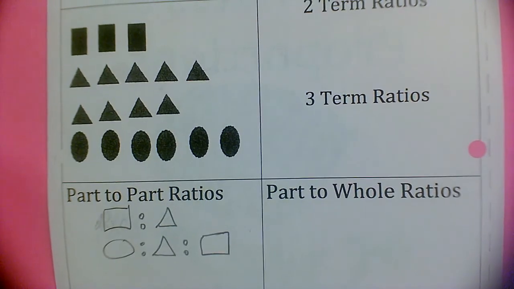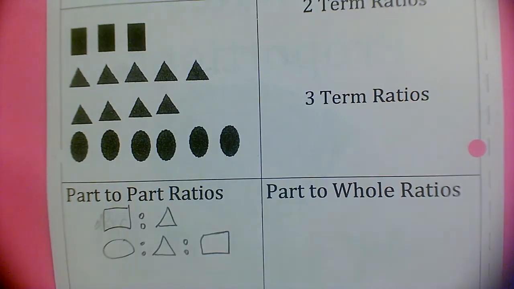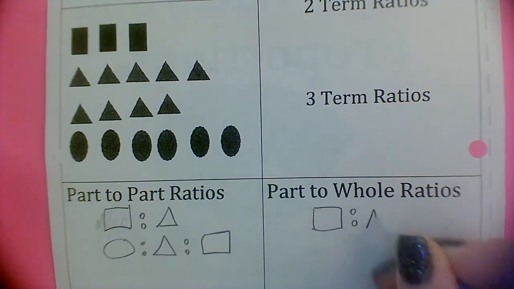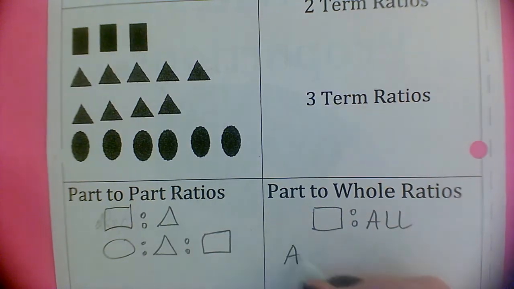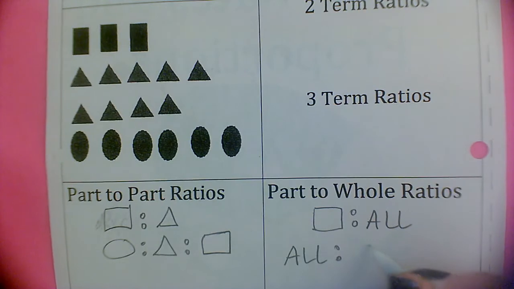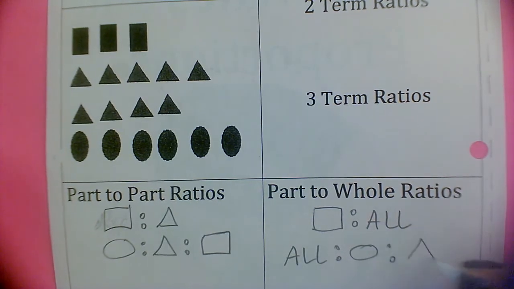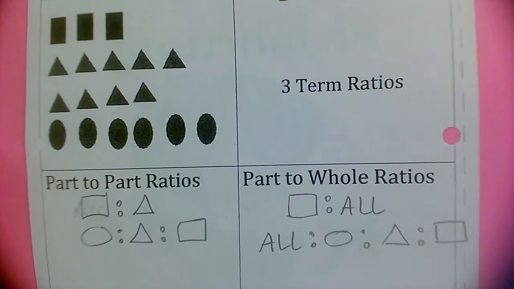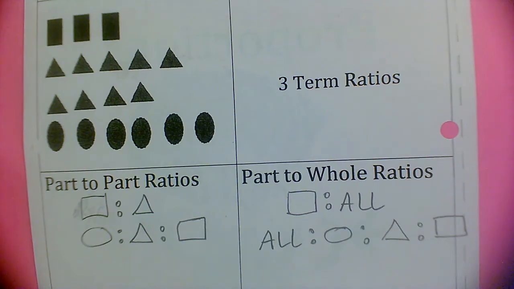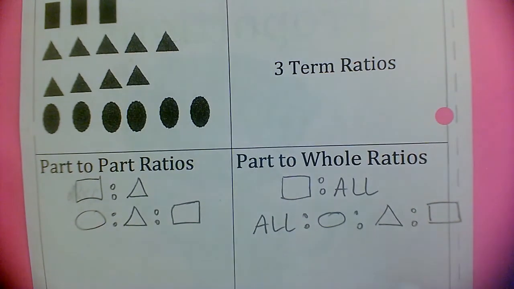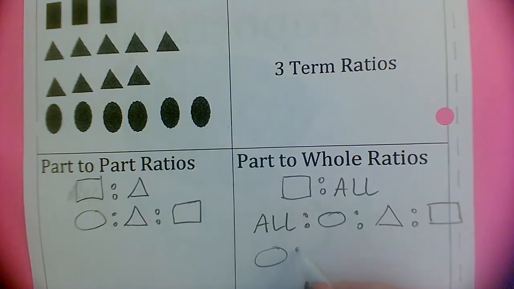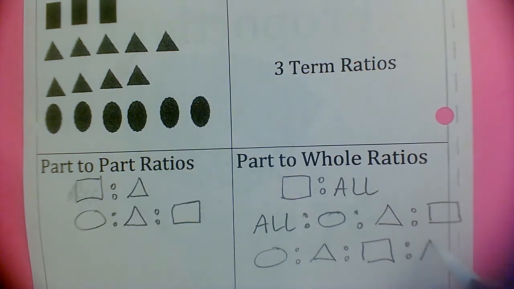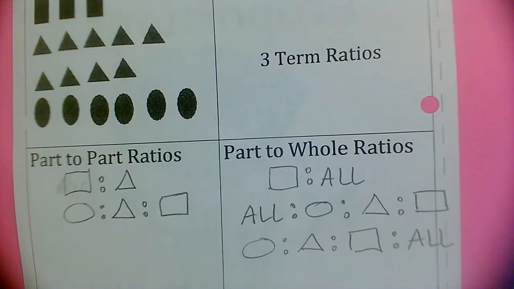As soon as I have a part to a total, that would be like rectangles to all, or all to ovals to triangles to rectangles. Part to whole ratios look like that. Generally we put the larger one at the end, but it really doesn't matter.